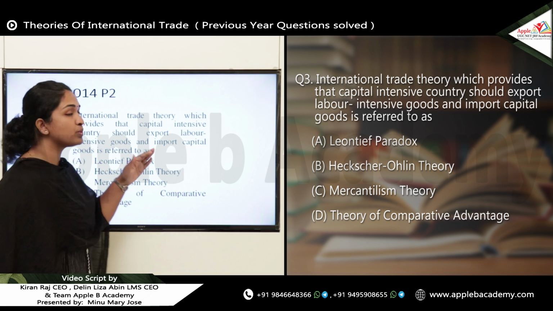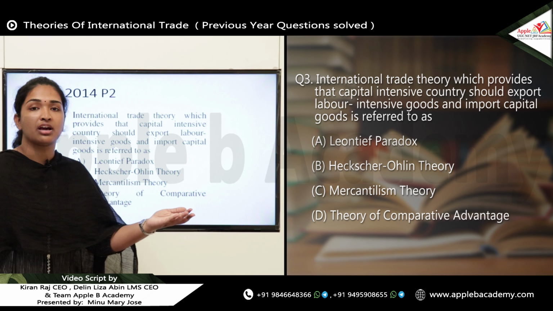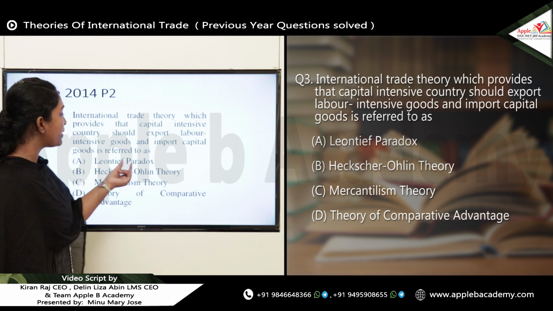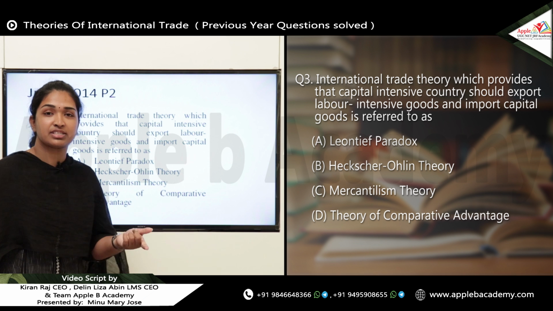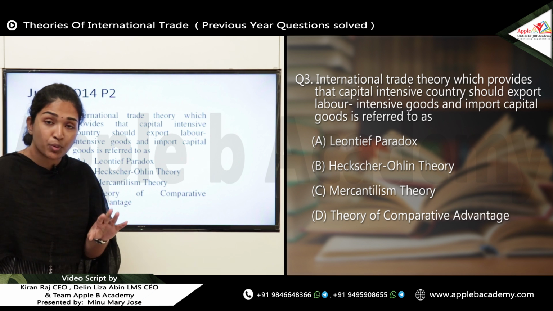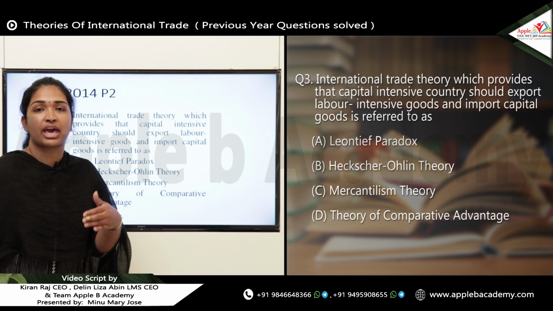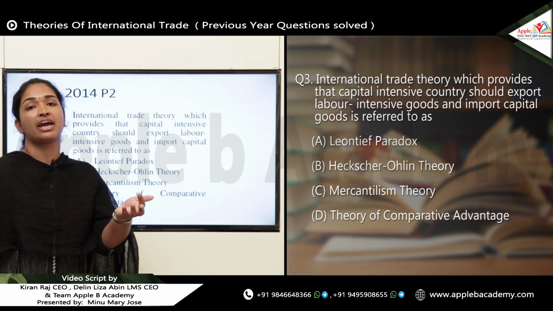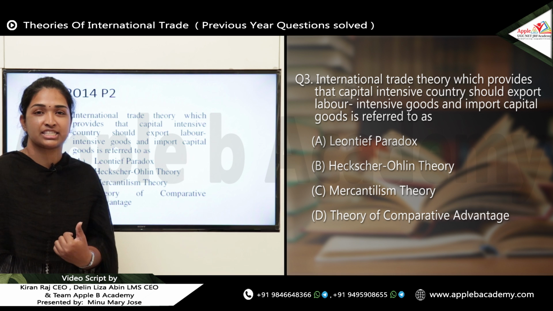But the Leontief paradox was exactly the opposite of the idea that Heckscher and Ohlin gave us. The Leontief paradox, as we know, showed that the United States, even though it was more capital endowed, exported labor intensive goods and imported capital intensive goods.